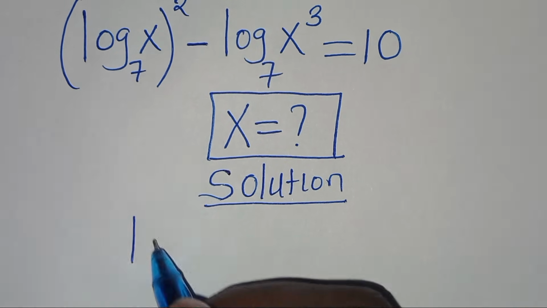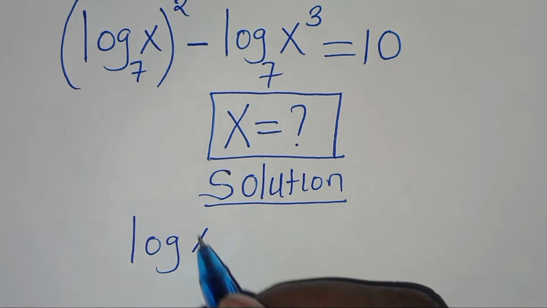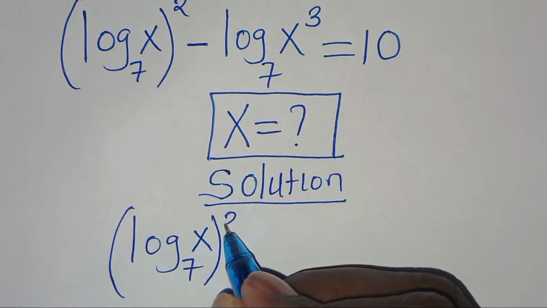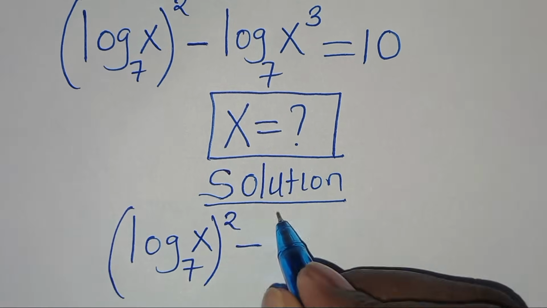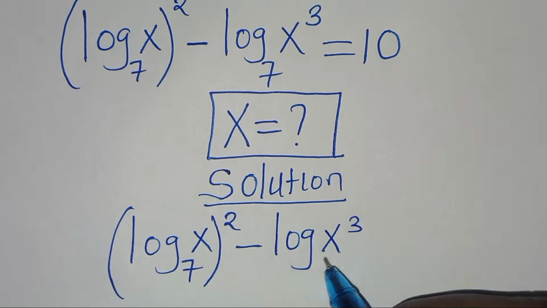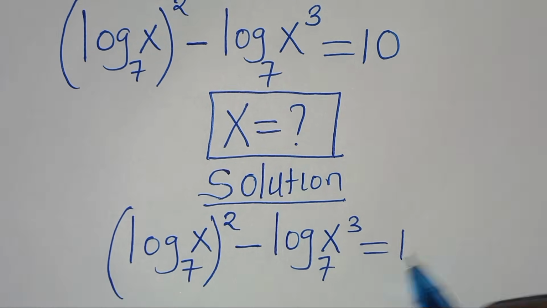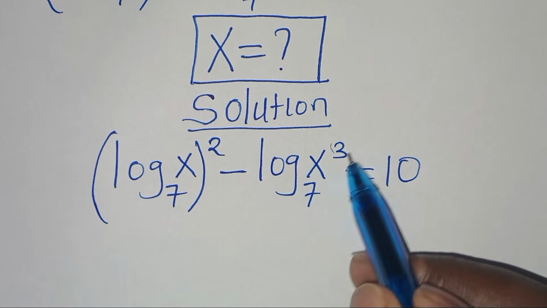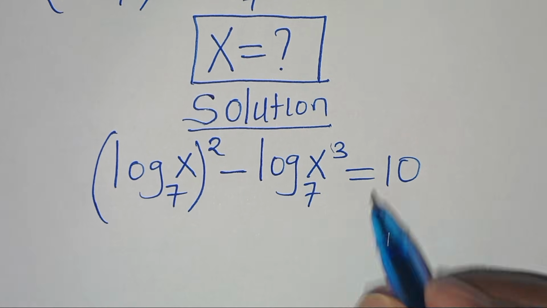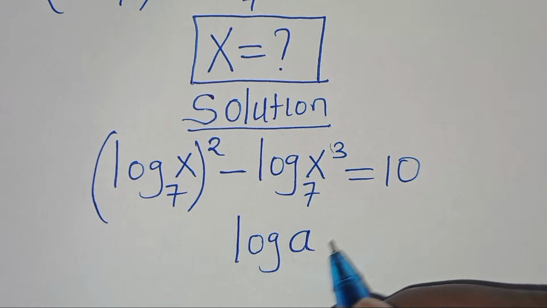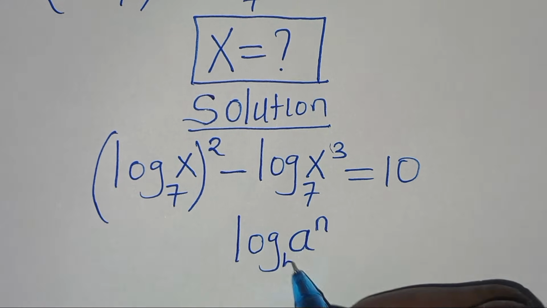We have (log x to base 7), everything here raised to the power of 2, then subtract log x to the power of 3 to base 7. This is equal to 10. We have that log x to the power of 3 to base 7 is in the form of log a to the power of n to base b.